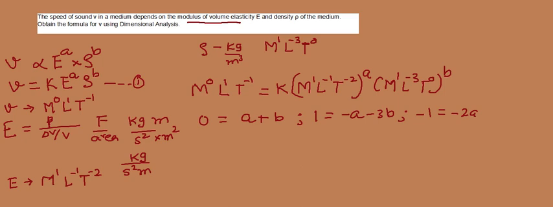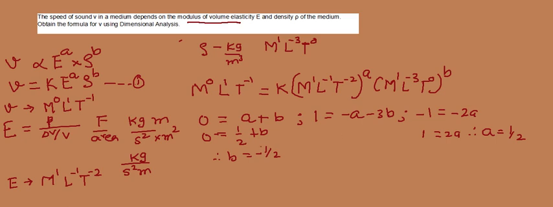So I got these three equations, and with the help of these equations I can find out values of a and b. Obviously from here I get 1 equal to 2a, and therefore a equal to 1 upon 2. And if I use this equation over here, 0 is equal to a, which is 1 upon 2, plus b, therefore I get b equal to minus half.